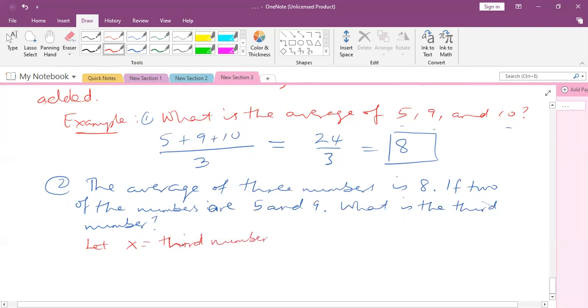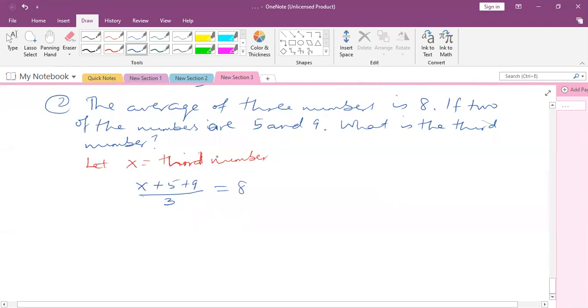So the average would be X plus 5 plus 9, adding all three numbers, and if I divide this by 3, I should get an average of 8. This is the algebra approach.